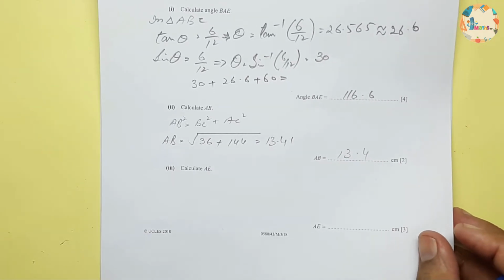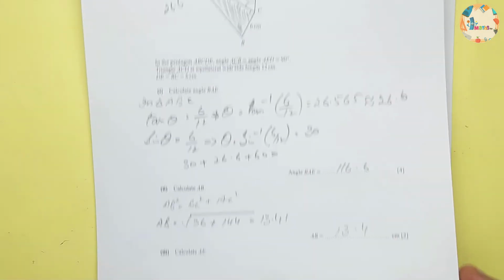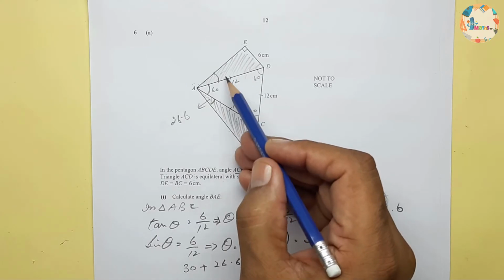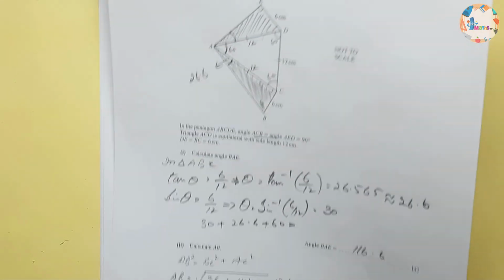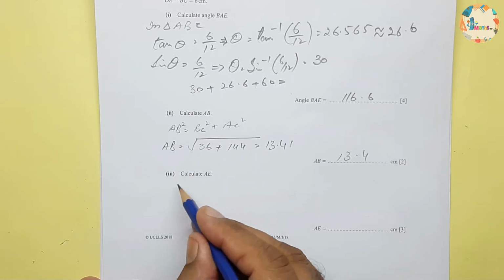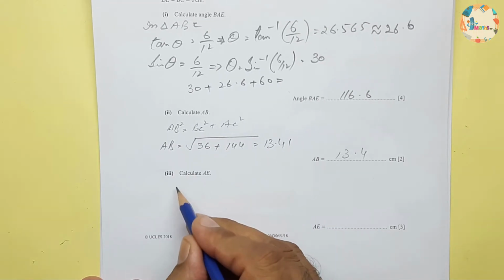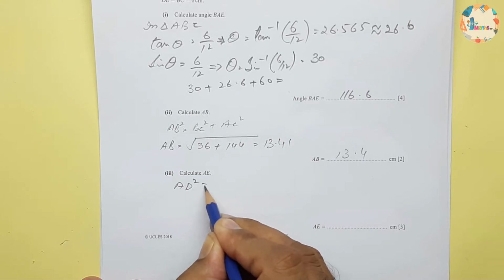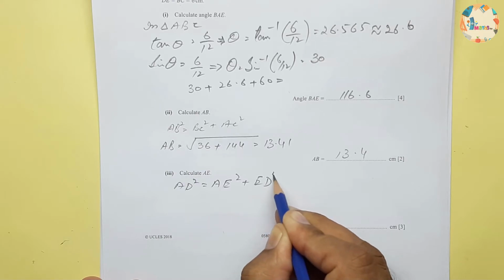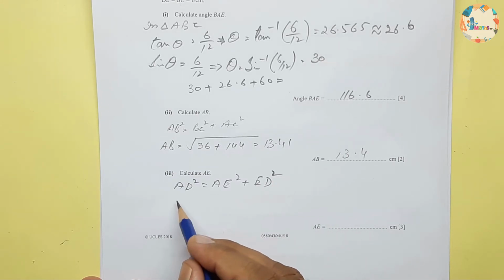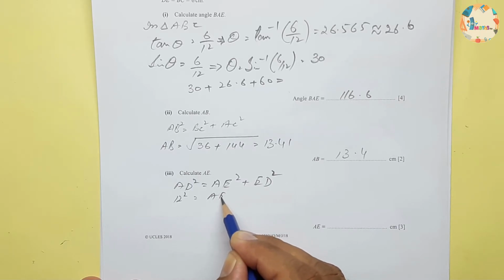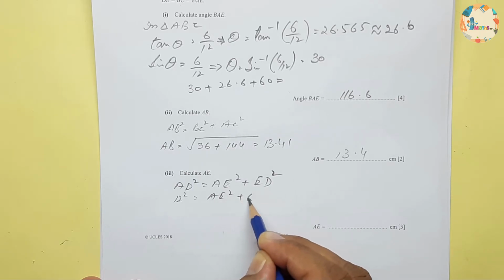And next is AE. We have to calculate AE, and AE is this base of this triangle. So again Pythagoras theorem. So 12 squared will be equal to, or we can write in proper format because this is a 3 marks question. So we write AD squared is equal to AE squared plus ED squared, and this will be 12 squared is equal to AE, which we have to find, plus 6 squared.